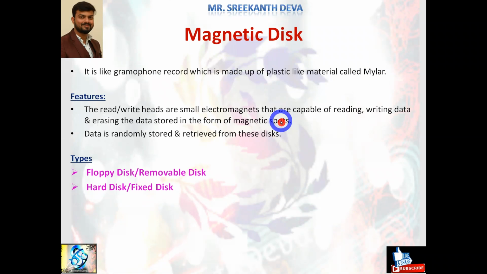Some main features: the data is stored in the same way as in magnetic tape. The read or write heads are small electromagnets that are capable of reading, writing and erasing the data stored in the form of magnetic spots.